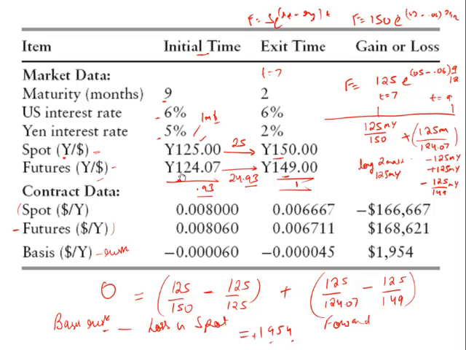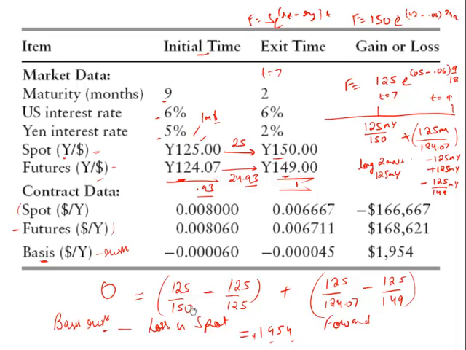In this example, we see the basis was 0.93 earlier and has now become 1, implying that the spot has moved by a different extent and the futures have moved by a slightly different extent, causing a slight profit or a slight loss. This is referred to as basis risk.